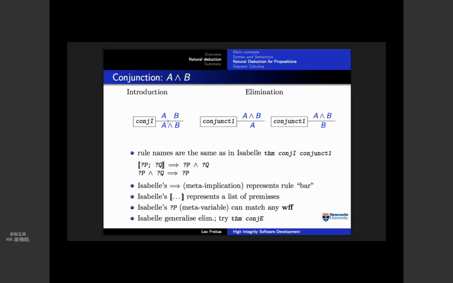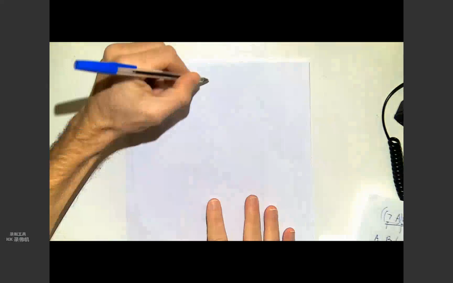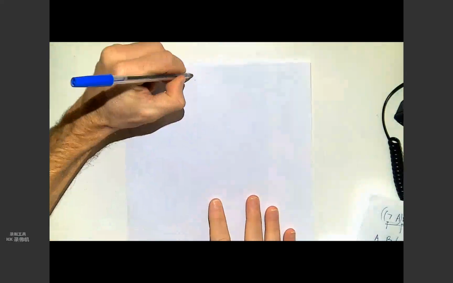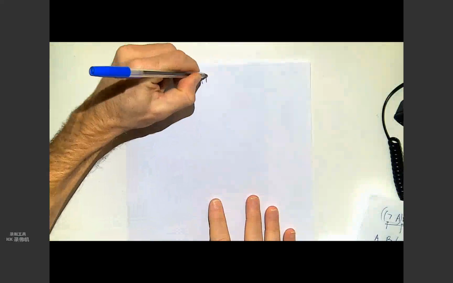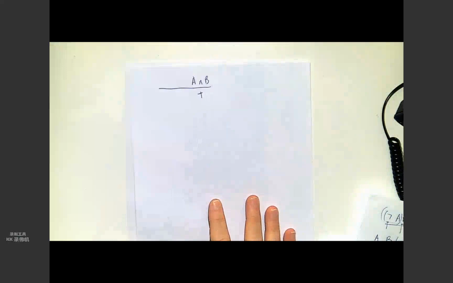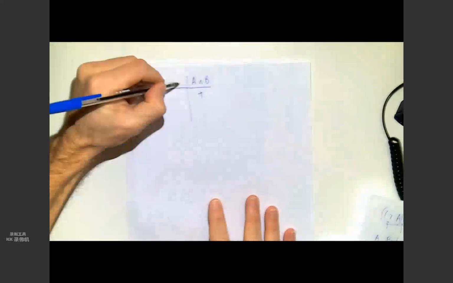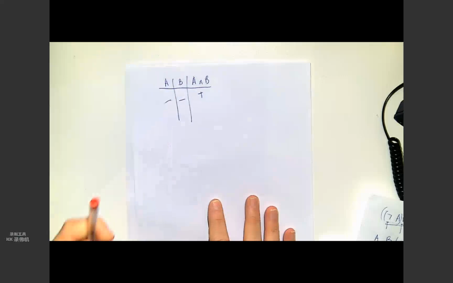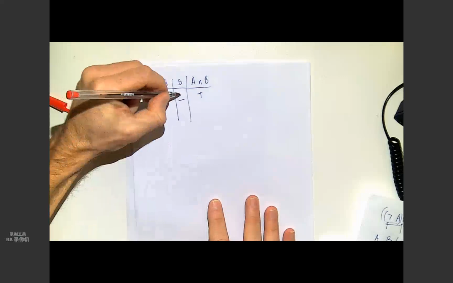Okay, let me try, I don't know if that's going to be helpful or not. If I'm claiming that this is true, then I better demonstrate that both A and B are true. That's what that law is saying. Is this the case? Is this true?